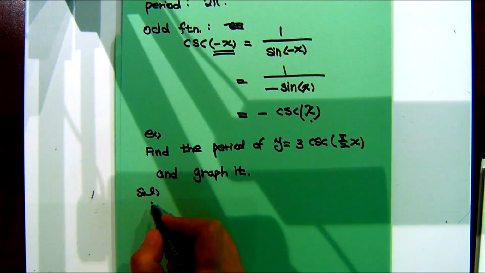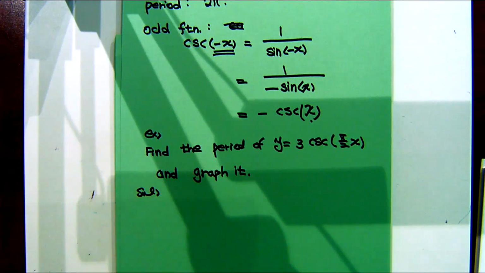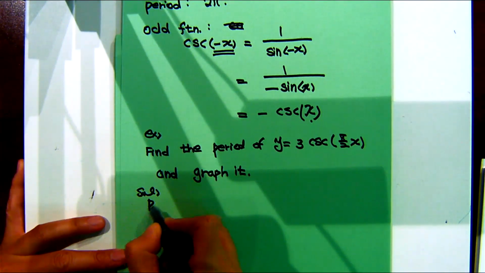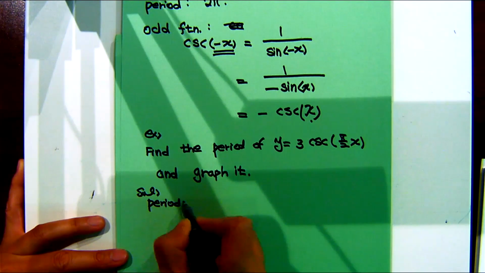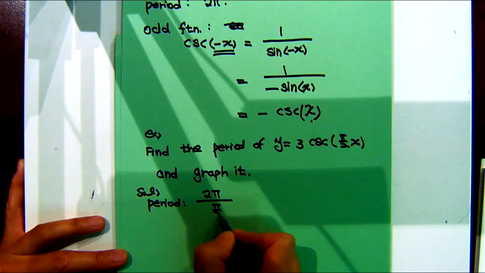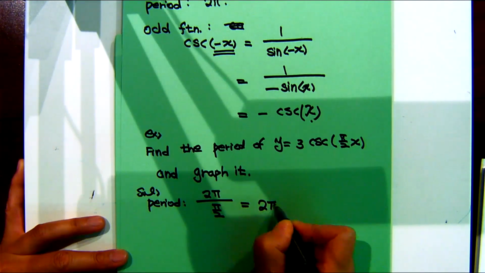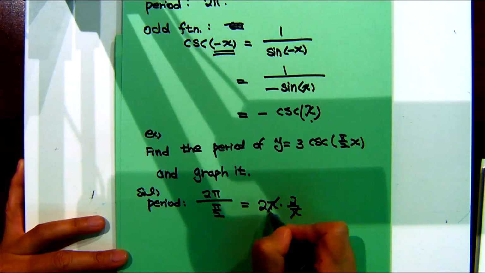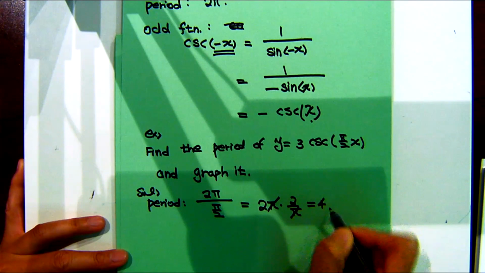As we have been doing, we will think about the period and then key points. Instead of thinking about the amplitude, we will think about local maximum and local minimum. So the period is 2 pi over pi over 2, which is 2 pi times 2 over pi. So these two will cancel each other. So this is 4.